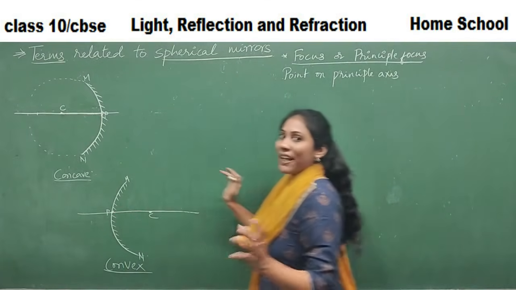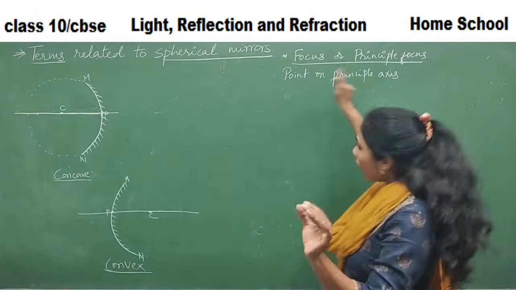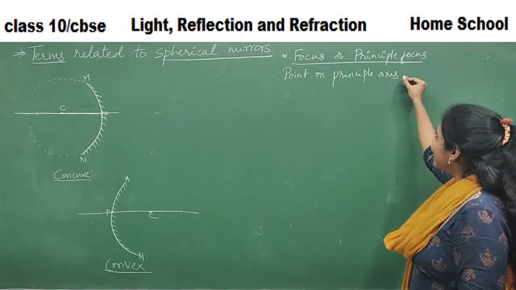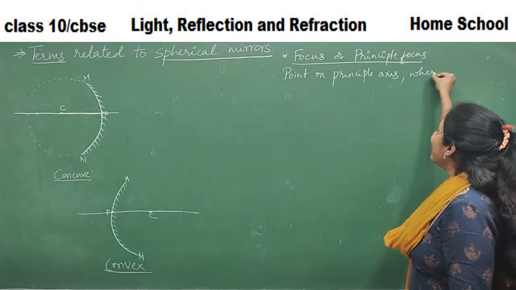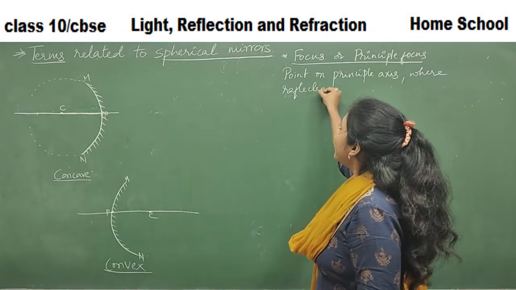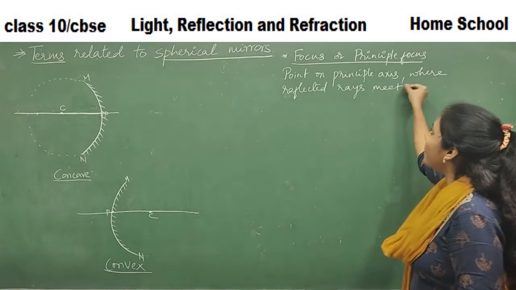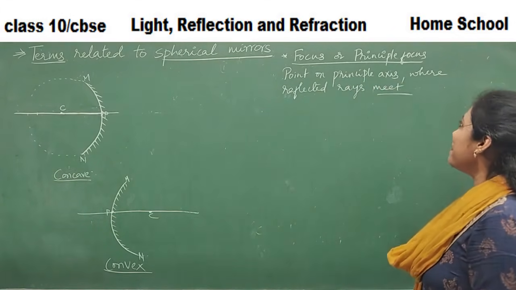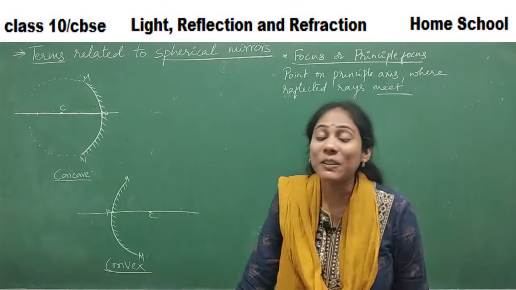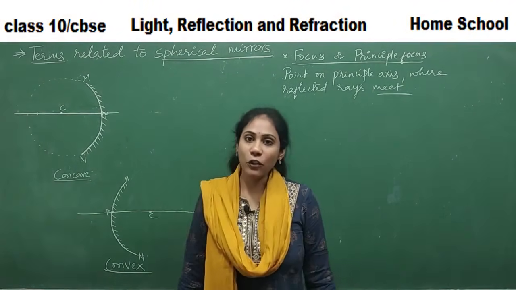So it is a point on the principal axis where reflected rays meet. This is very, very important. The point on a principal axis where reflected rays meet is called focus or principal focus.